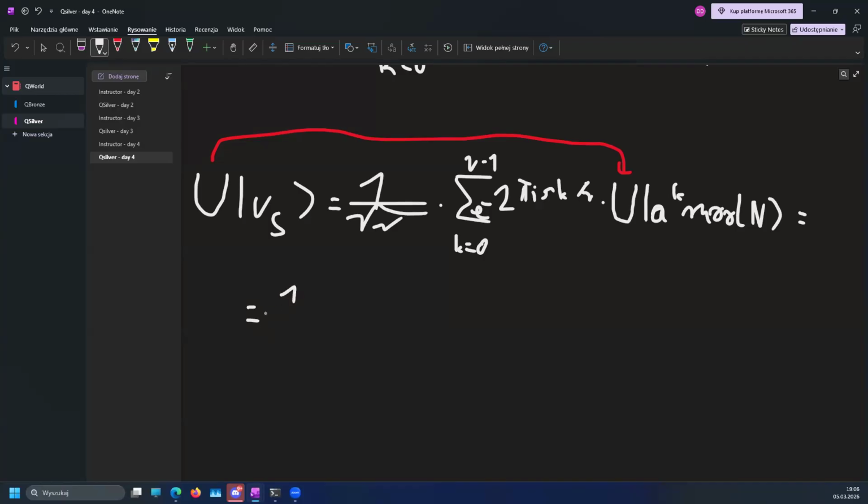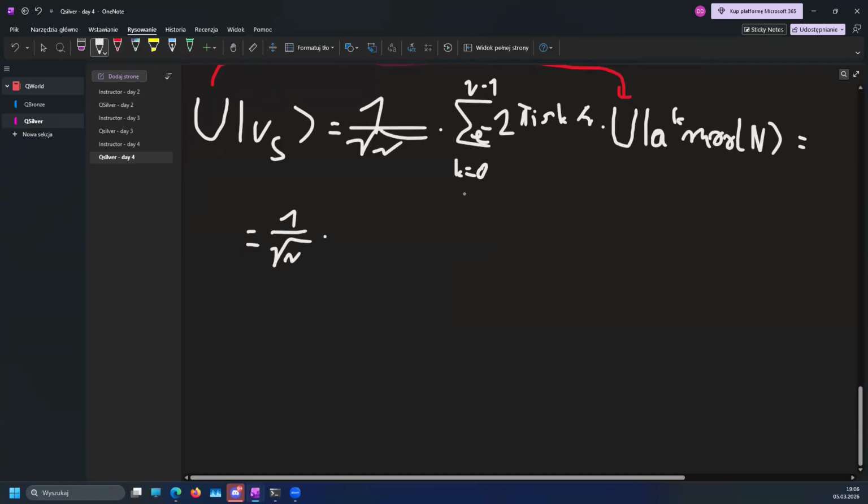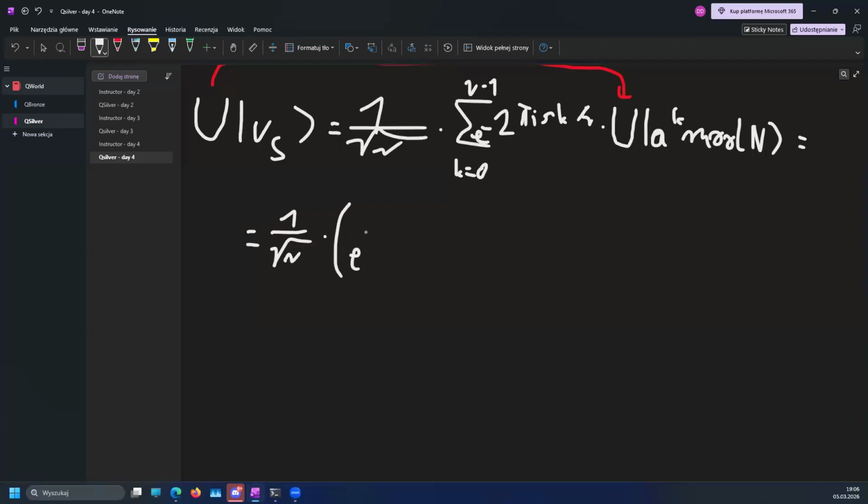So now, as a next step, I will rewrite the coefficient 1 over root r, and now maybe I will expand this sum. So here you will have a parenthesis, and we will have those coefficients, e to the power of minus 2 pi i s times 0, like for the first element. And then, of course, we have this gate, and a to the power of 0, remainder n.